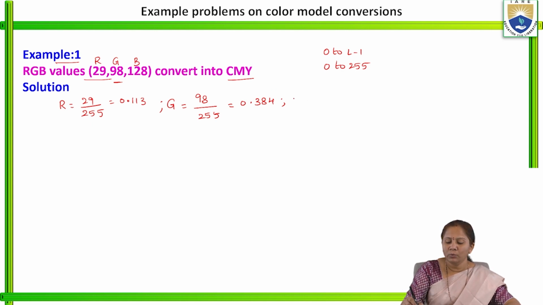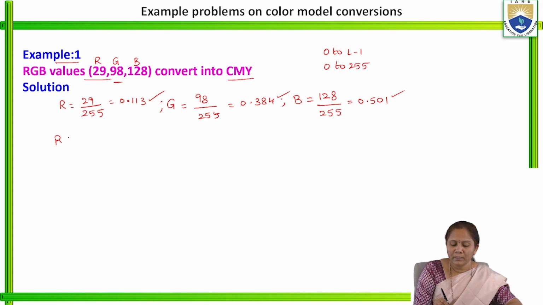And the next value we have to find is B. So here B is given as 128 divided by 255. So then the value of B will be 0.501.